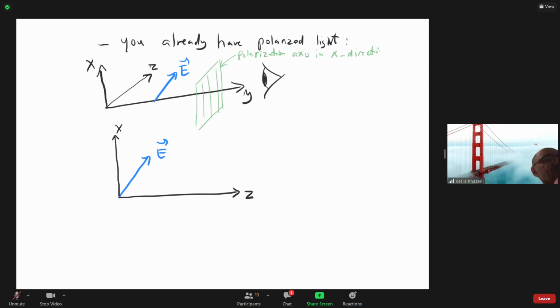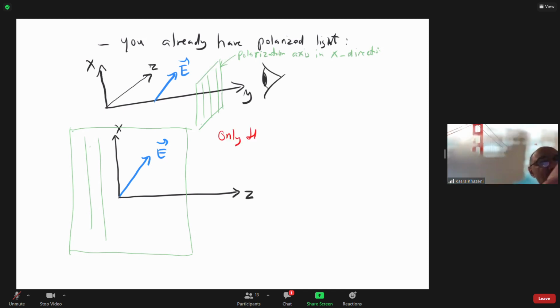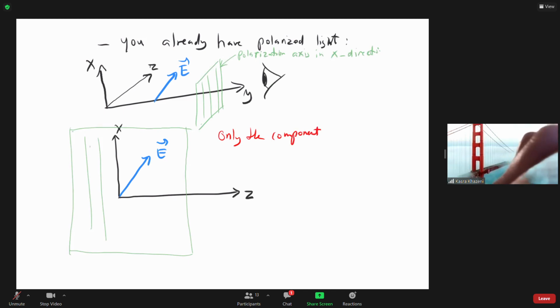And then I'm going to have this sheet with its axis in that direction. We already know what happens. Only the component parallel to the polarizer goes through.